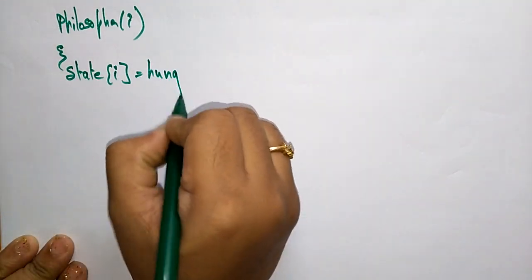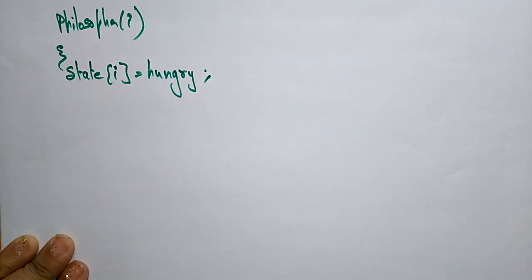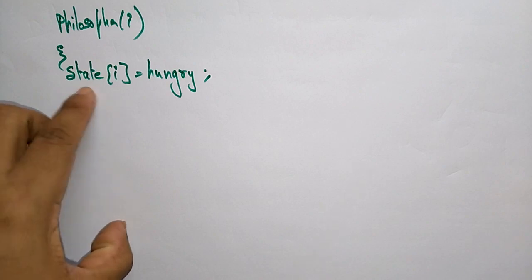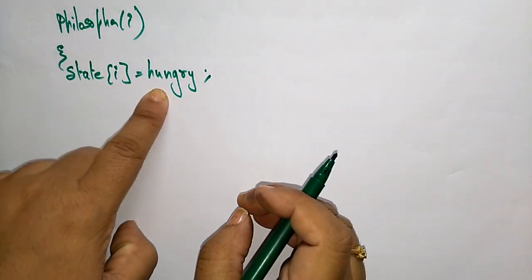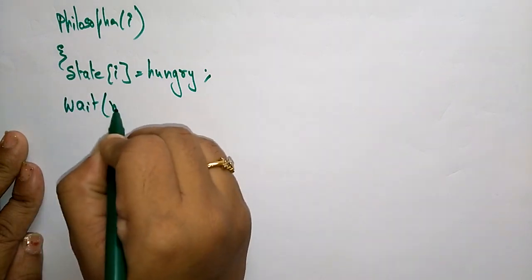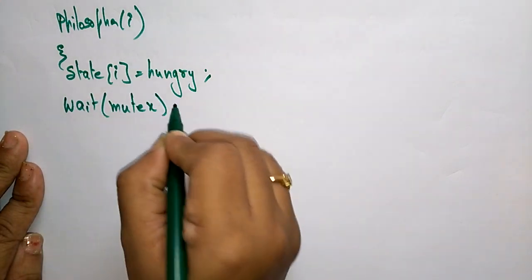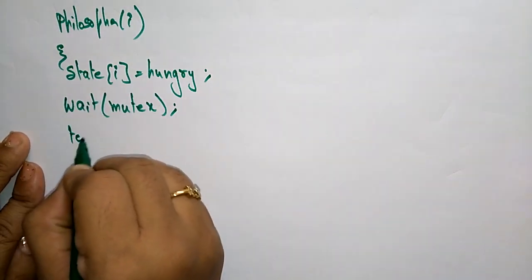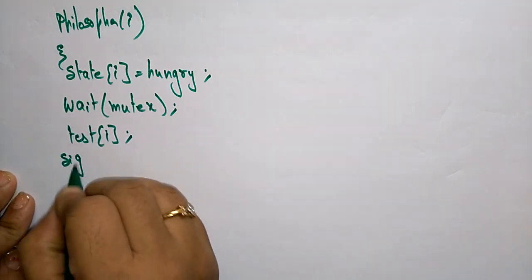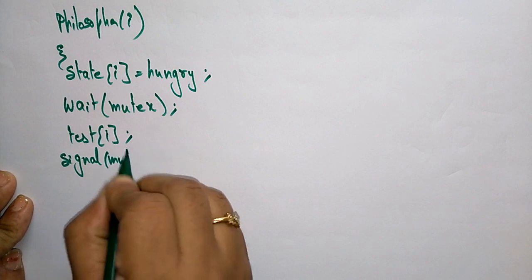Let us take state[i] = hungry. i may be anything, it may be philosopher 0, philosopher 1, whatever it may be. The state of the philosopher is hungry. So whenever he is hungry, he has to wait(mutex), and he has to call the function test(i). Next, signal(mutex).